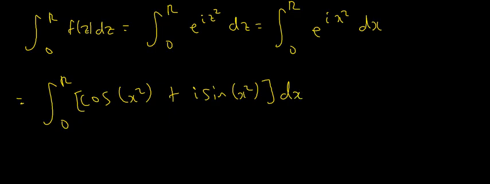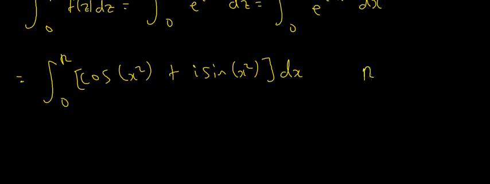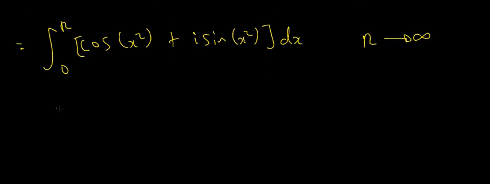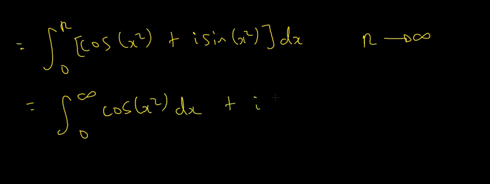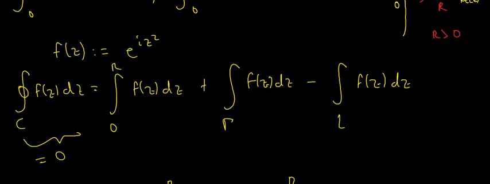And then if I let r go to infinity, I'm going to get two integrals: the integral from 0 to infinity of cos x squared dx, plus i times the integral from 0 to infinity of sine x squared dx. So basically the real and imaginary parts of this integral are going to correspond to the Fresnel integrals that I want to find.